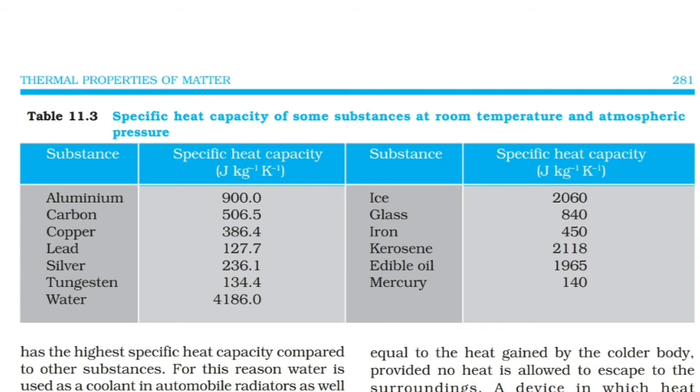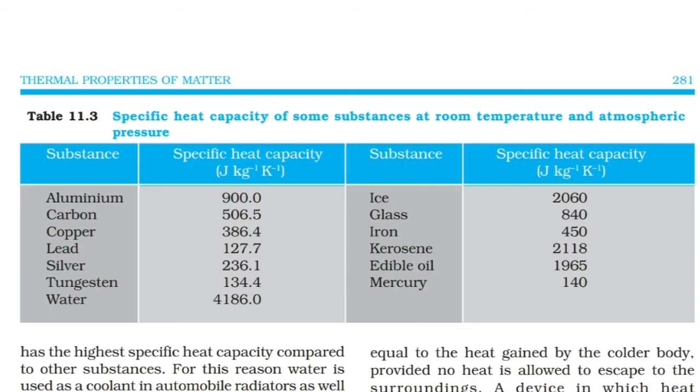Here we have the table showing specific heat capacities of different substances. We can see that the substance with the highest value of specific heat capacity is water. Water has a specific heat capacity of 4186 joule per kilogram per Kelvin.